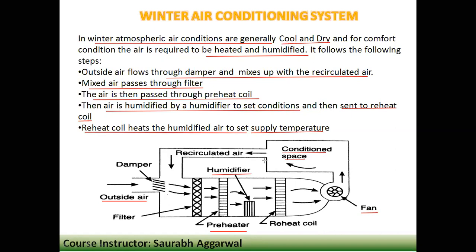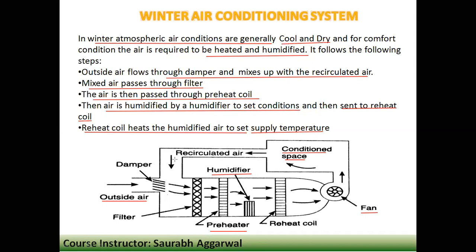And this heated air gets cooled over here, because we are having a load over here, so it gets cooled, and after that it is sent back, because the atmosphere is cold outside. So it will provide heat to the persons or the load placed there, so that the load can be heated up.